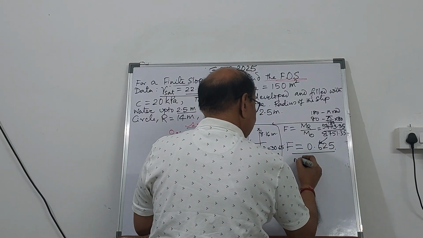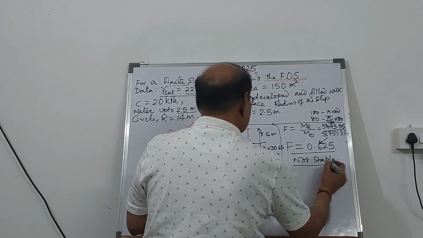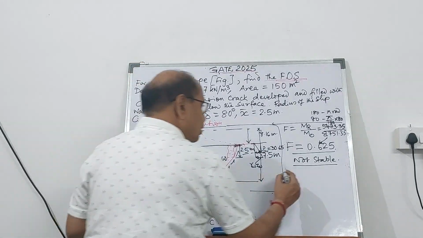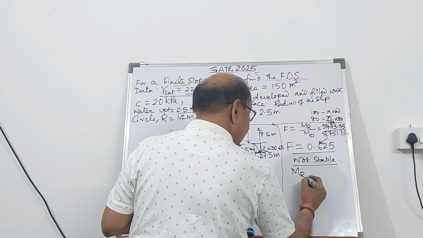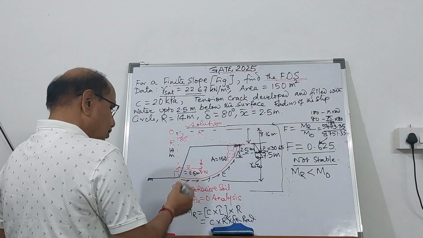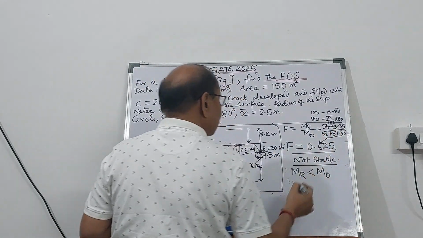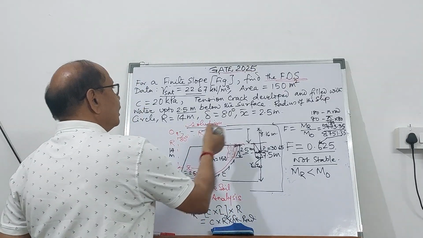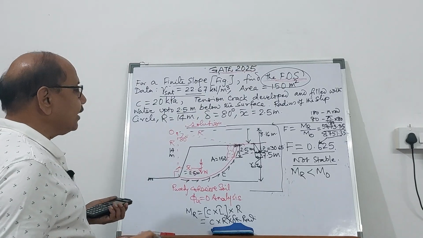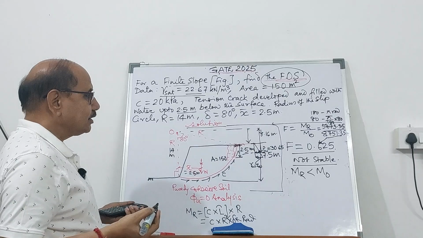So it is not safe, not stable. When you check the stability of this finite slope, you find that the resisting moment is less than the overturning moment. The weight in the denominator is more. Naturally, to find out the factor of safety of this finite slope, which is pure clay, it is in purely saturated condition.